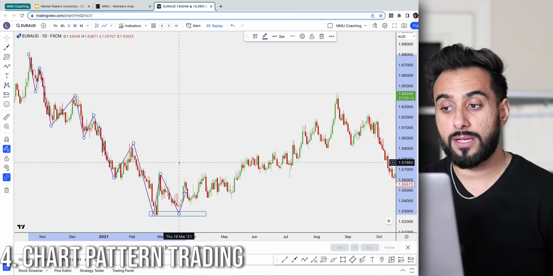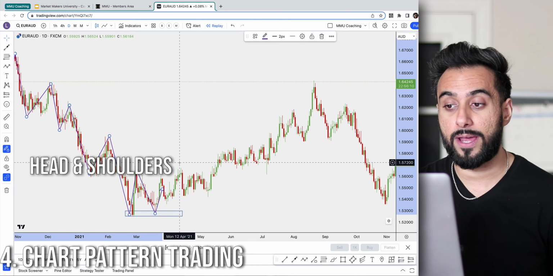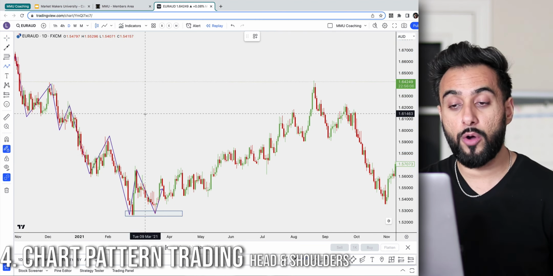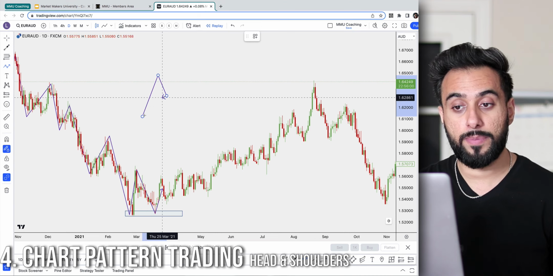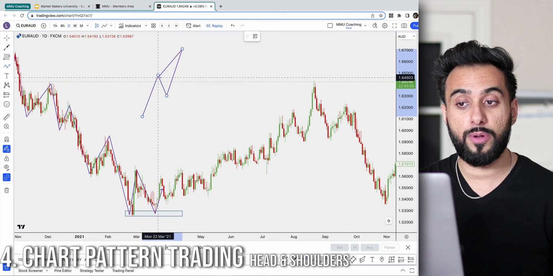And actually the next one we can talk about, I literally just see it right now. We can talk about the head and shoulders pattern. Essentially, it's a moment where you see the price creating a high, a higher low compared to the previous one, and a higher high compared to the previous one.